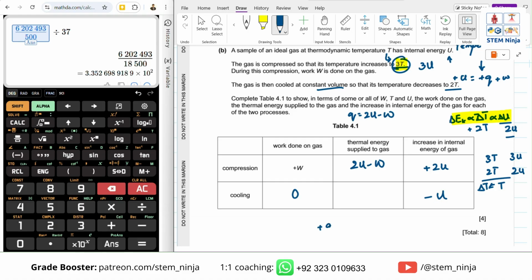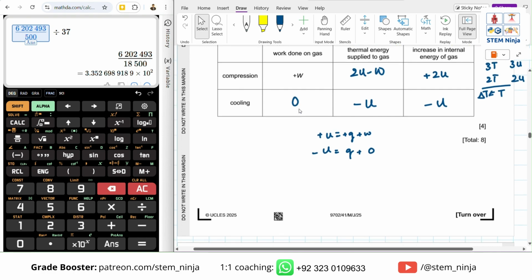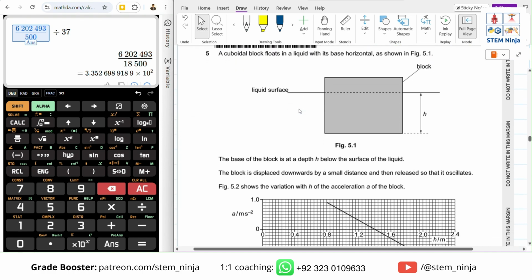So ΔU is equal to plus Q plus W. The work done part is 0. Change in internal energy is minus U. So Q would also be minus U. So that's it. Straightforward. Okay, all right.